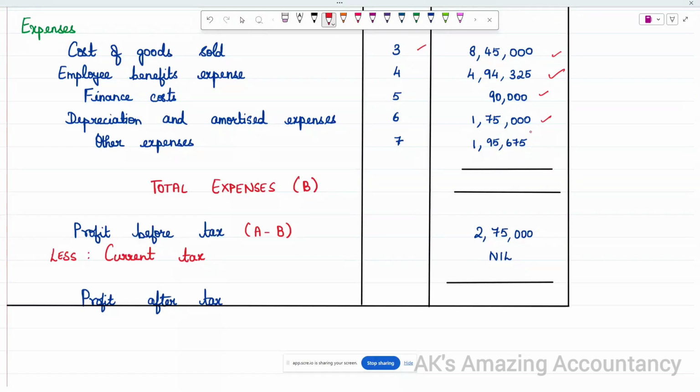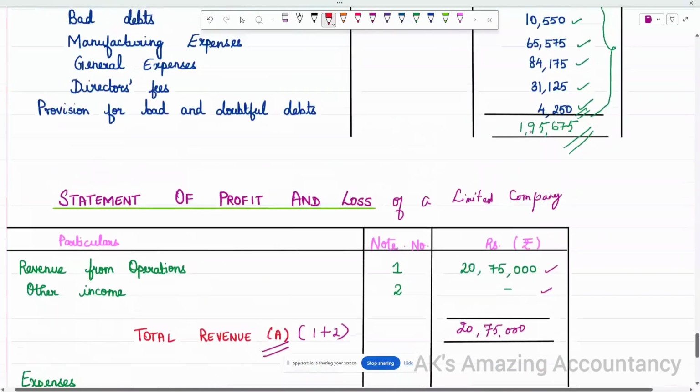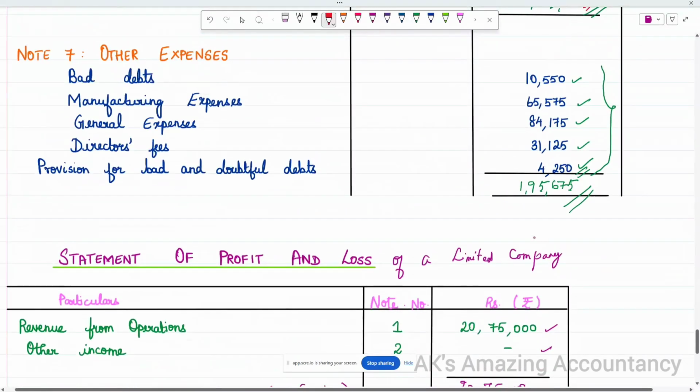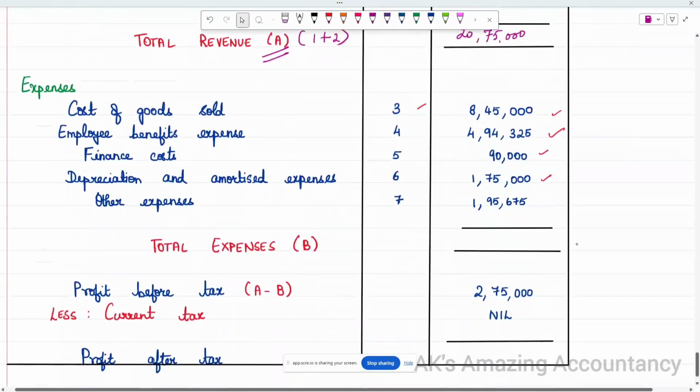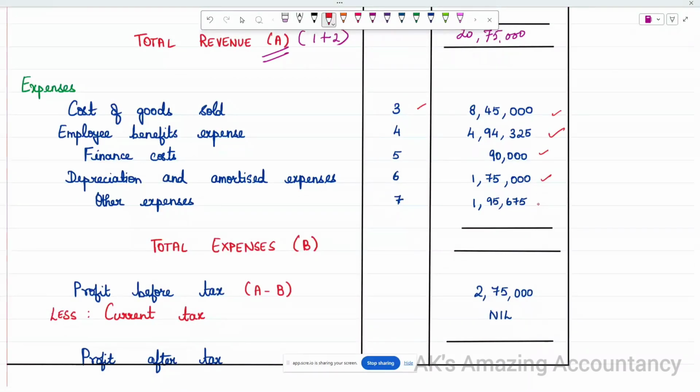And then the next note we have is note 7. So note 7 is other expenses, isn't it? So how much is other expenses? It is 1,95,675. So let us enter other expenses 1,95,675.